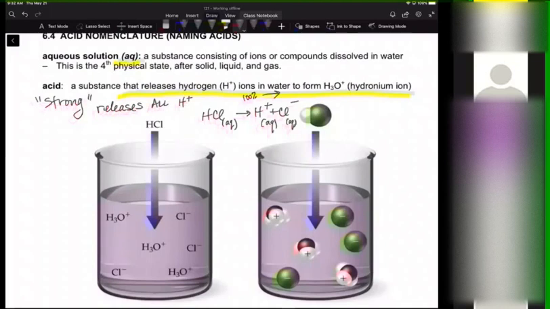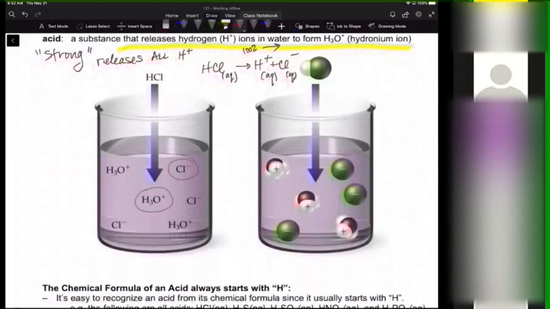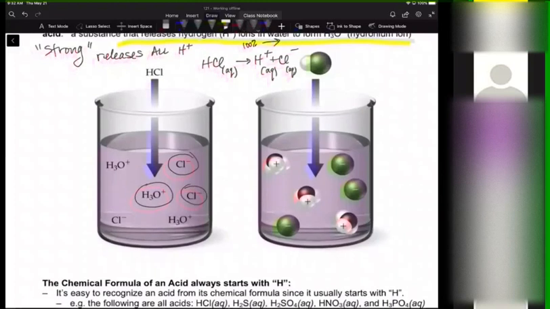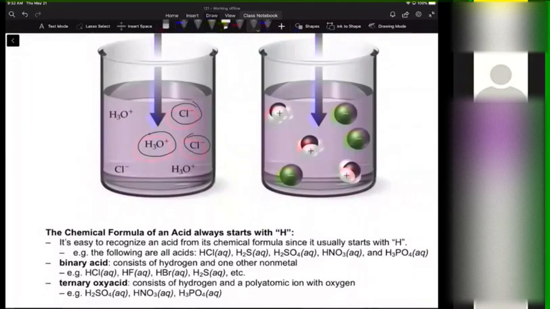It's 100% ionized. And we can see that here both in the letters and in the drawings, where that hydrogen has attached to a water molecule, right? So what we're seeing down here is that H+ plus water is H3O+.